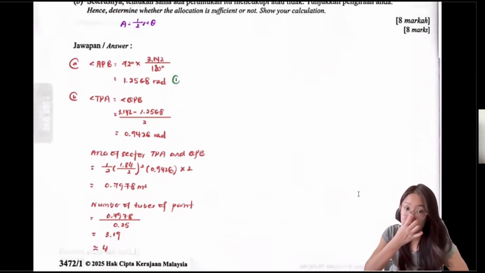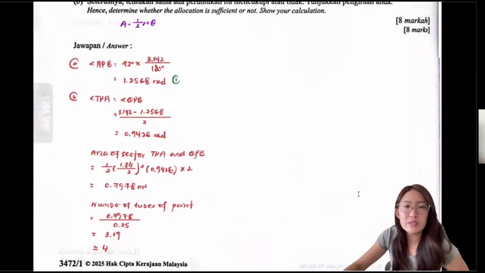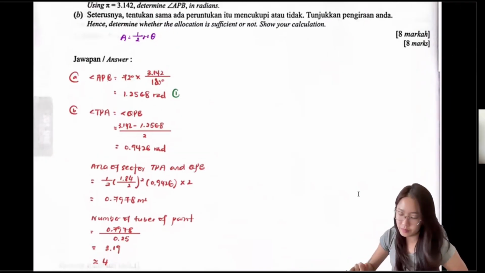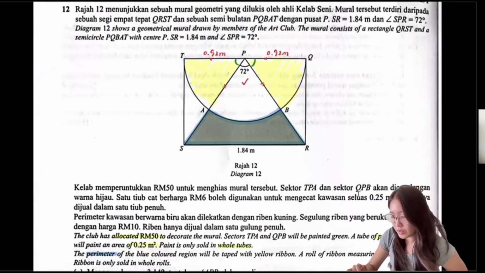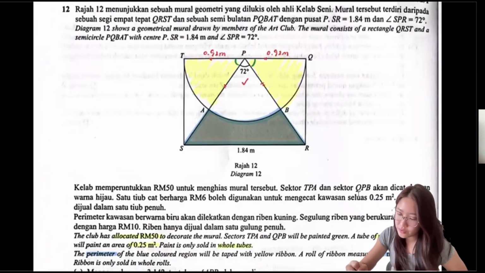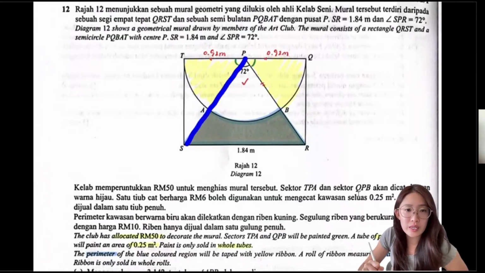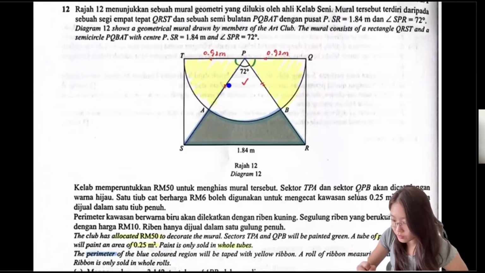Okay, then next one, your perimeter. Let's find out the length of PS first, and then we can just minus 0.92 because this is also 0.92.